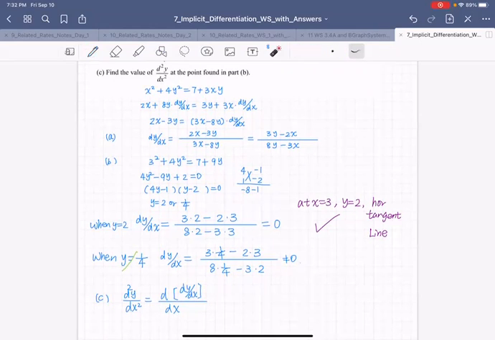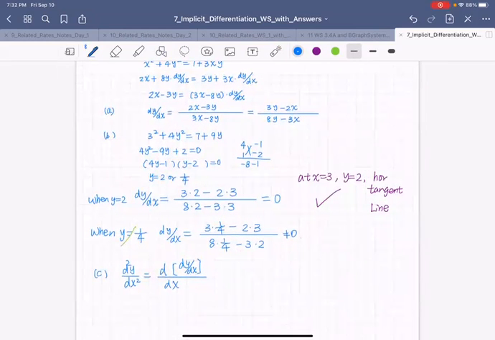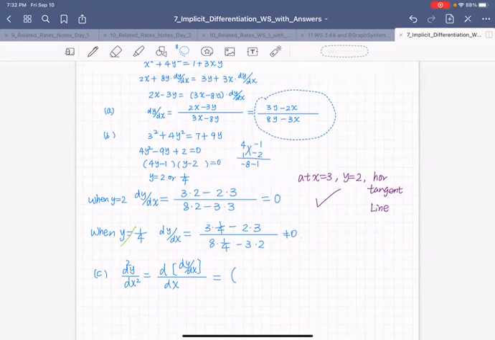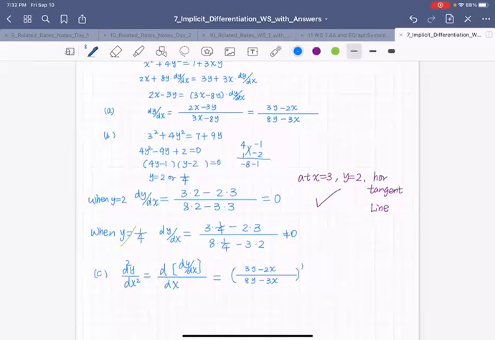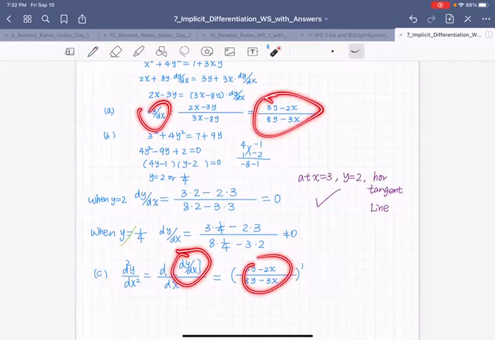So basically, you are treating this as a new function, and you are taking this function's derivative. Okay? So we will do the derivative of this whole thing, okay?